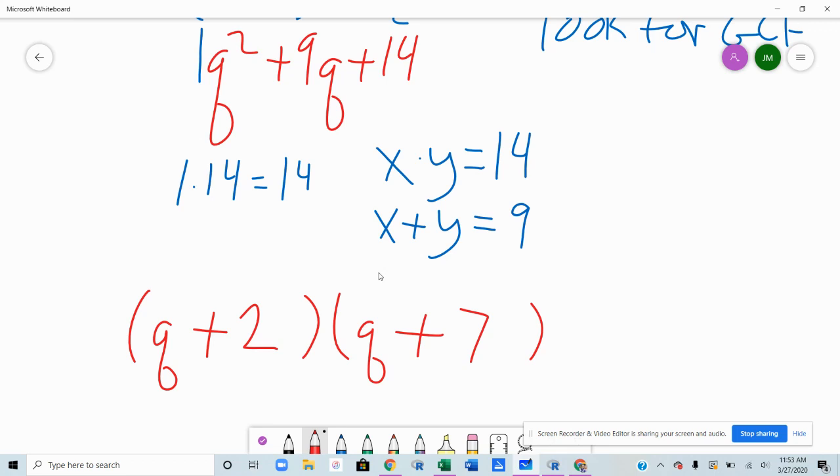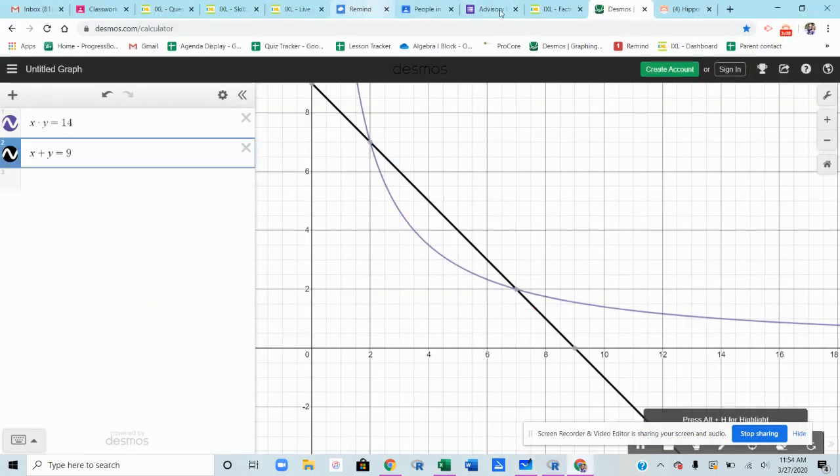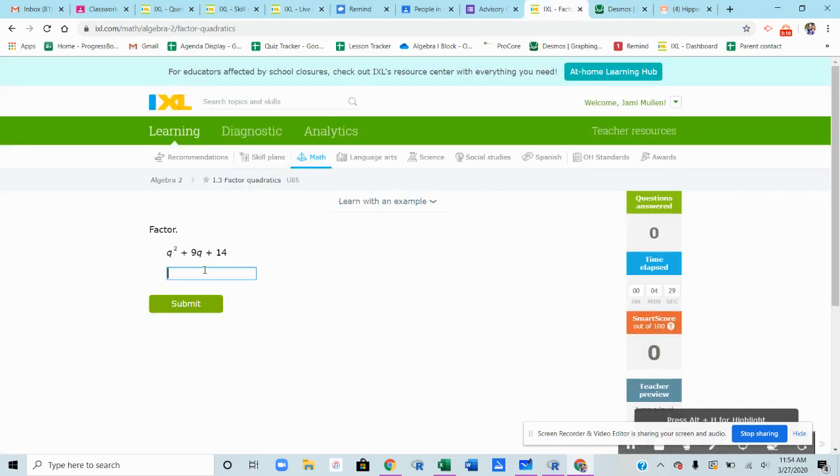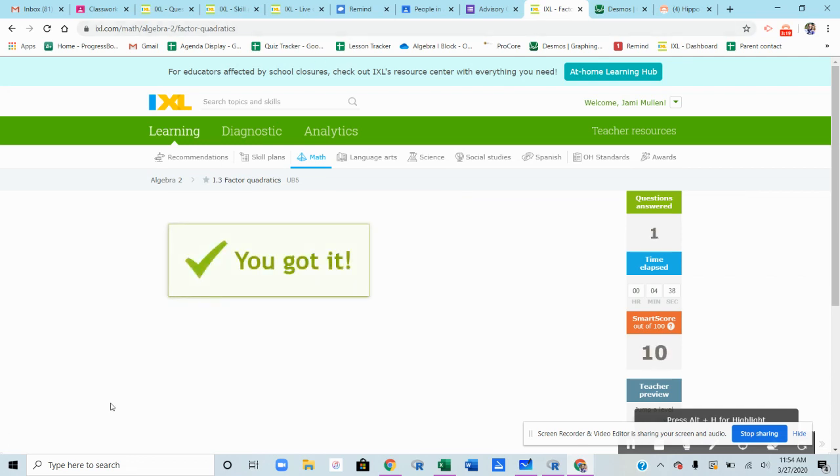Then you would divide both of these by a. In our case though, a is 1. Dividing this by 1 doesn't change anything, so this is your answer. You just get to stop right there. So going back to the IXL, I have q plus 2 times q plus 7. Make sure you're using the correct variables. That is your answer.